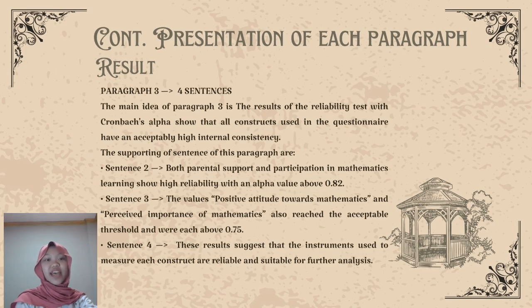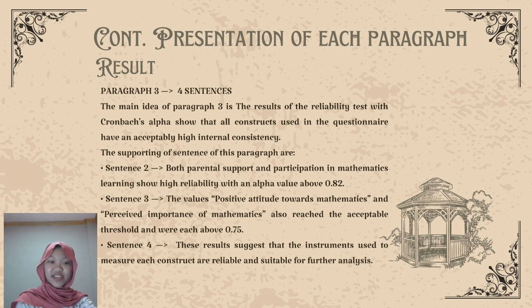Next is paragraph 3. In paragraph 3 in the results, I have 4 sentences. The main idea of paragraph 3 is the result of the reliability test with Cronbach alpha shows that all constructs used in the questionnaire have acceptably high internal consistency. The supporting sentences of this paragraph are: sentence 2 contains, both parental support and participation in mathematics learning show high reliability with an alpha value above 0.82.